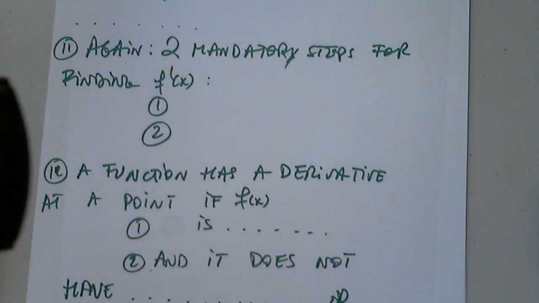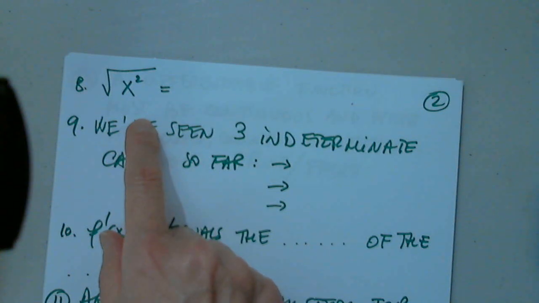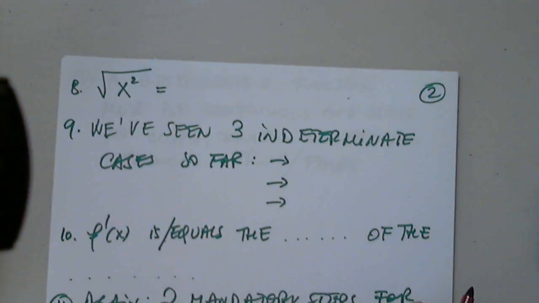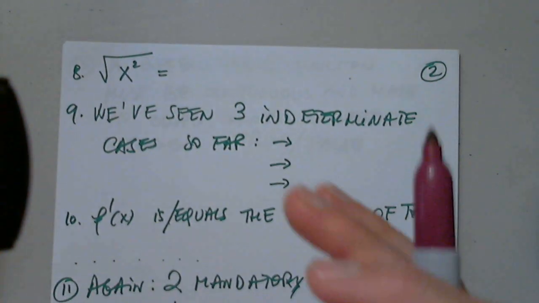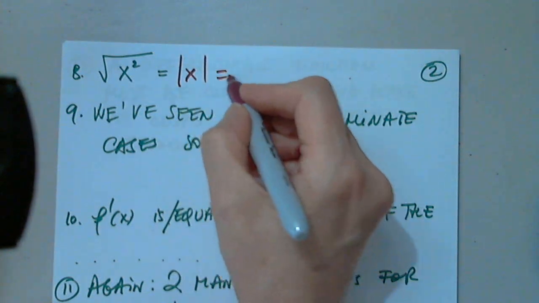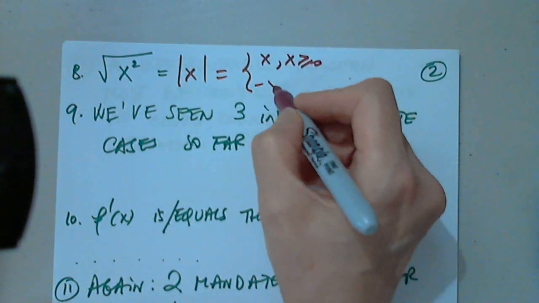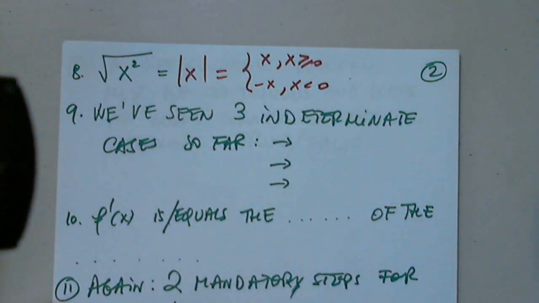Good. Next, the square root of x squared. Absolute value of x. Thank you very much. Please remember, it's x for x greater than or equal to 0, or negative x for x less than 0. Awesome.